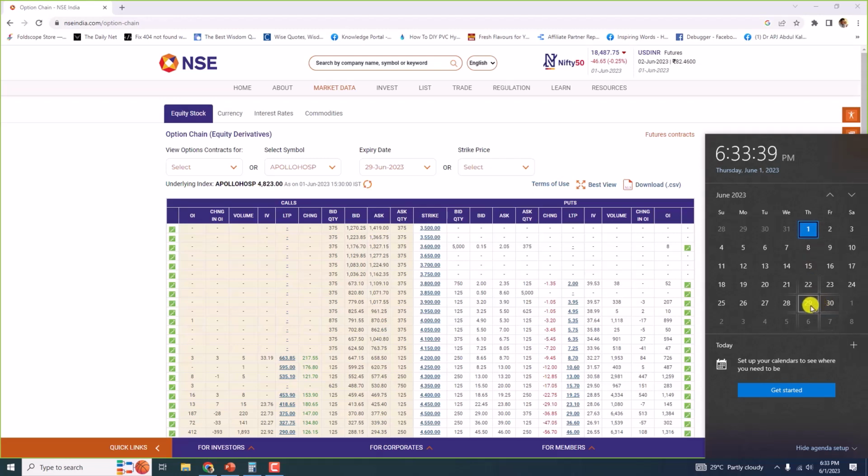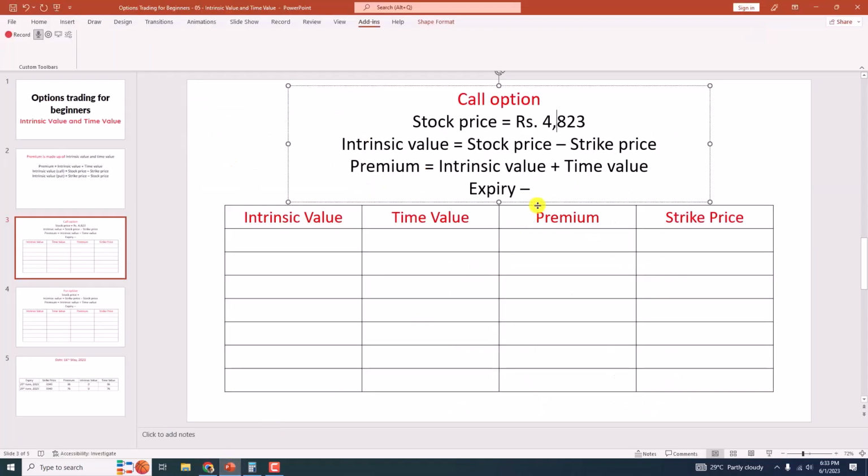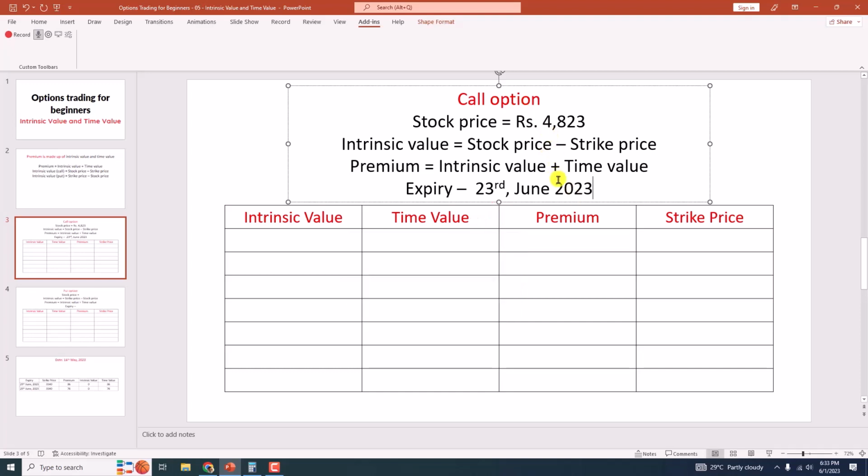So last Thursday of the month is 29th June and that is what you can see here. Expiry date is 29th June 2023. So let me have it here, 29th June 2023.